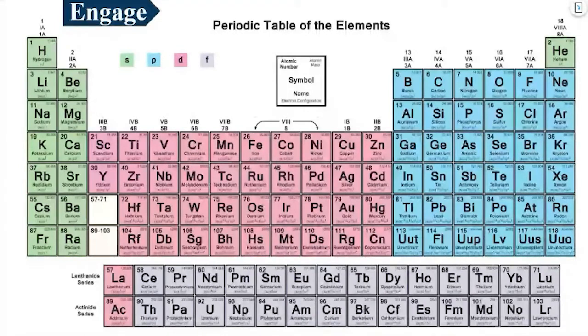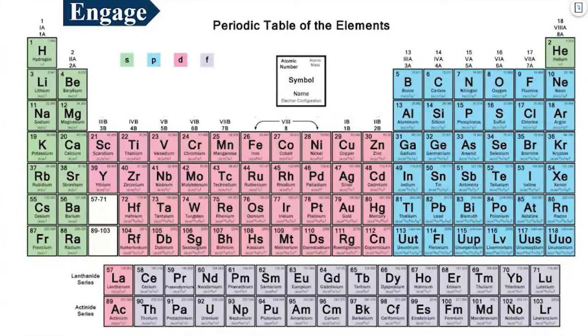Today we're going to learn to write the electron shell, so we can identify each atom further and tell more information about that one atom.